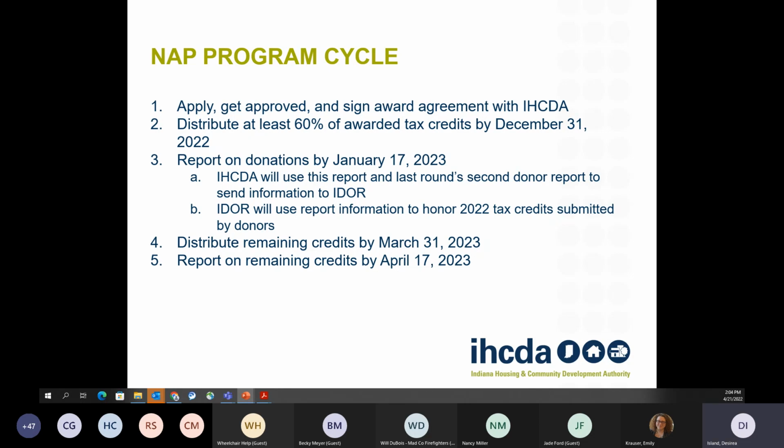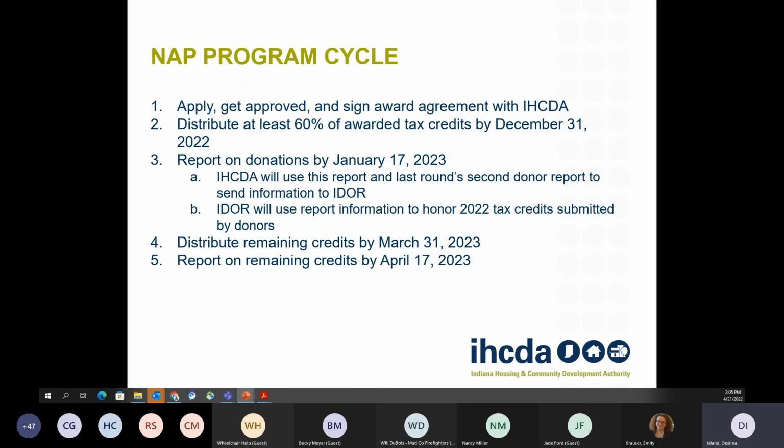We ask agencies to distribute at least 60% of their tax credits by December 31st, and you will report those donations by January 17th. IHCDA will then use the report and the second donor report to send that information to the Department of Revenue, for them to honor any 2022 tax credits submitted by the donors.